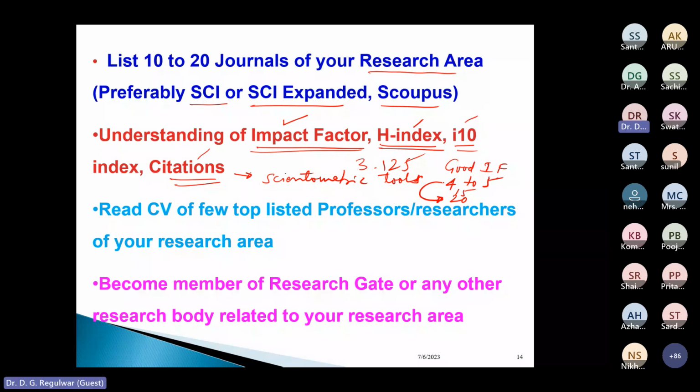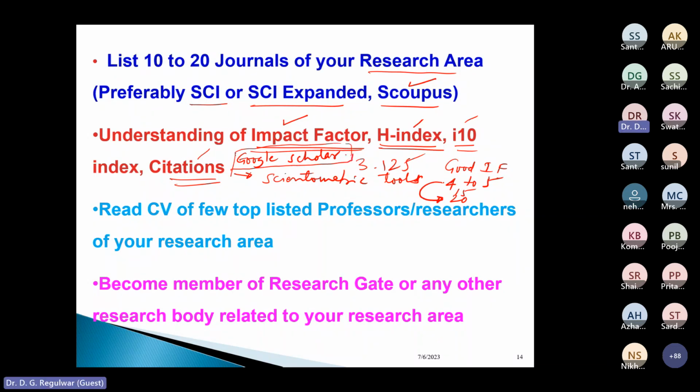Every individual research scholar has their citations. So who maintains this? One is Google Scholar, and the other is Scopus. They maintain the citations. Okay, so Scopus citations are different and Google Scholar citations are different. In the Google Scholar database, anything is included.